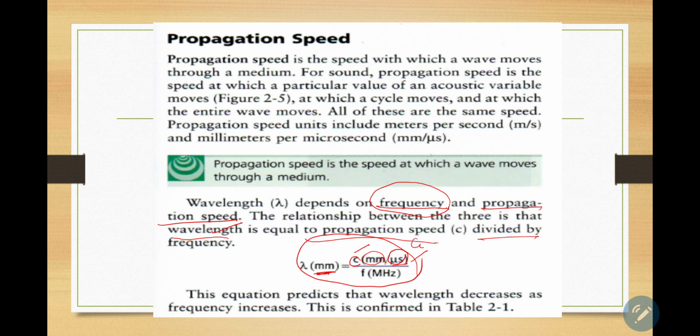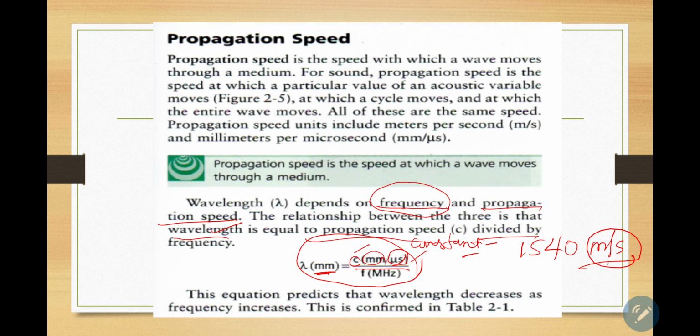This one represents the word constant because ultrasound speed for soft tissue organ is constant. Ibig sabihin, pare-parehas, which is actually equivalent to 1,540 meters per second. So you convert that into millimeters per microsecond over the frequency. So kung ilang frequency ang ginamit mo.